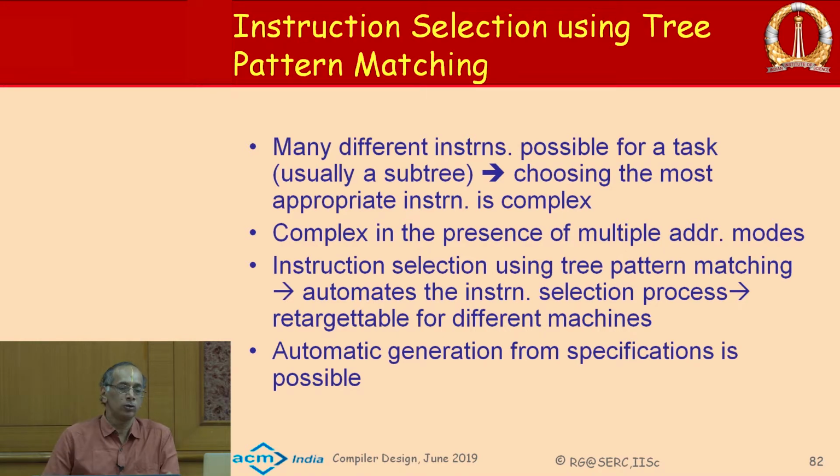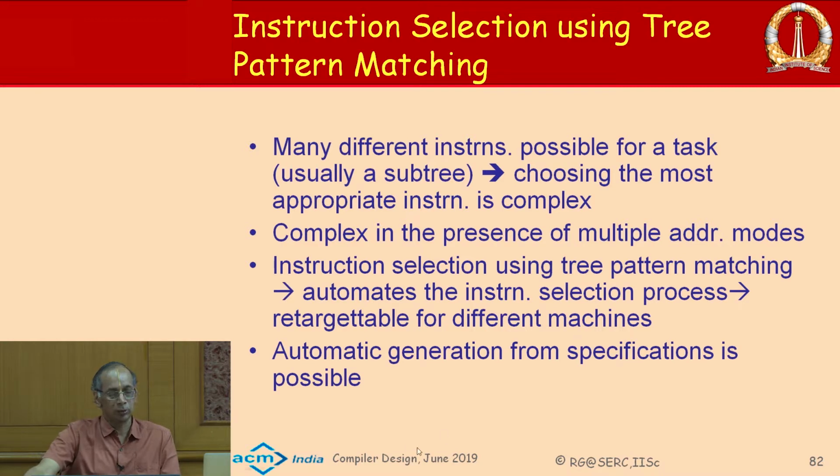For example, let us say you wrote a code generator for architecture A, but tomorrow you want to write a code generator for architecture B. Do you have to go ahead and rewrite that entire code generator for architecture B, or can architecture A and architecture B be specified in some way and there is a code generator which generates the code generator for A and the code generator for B?